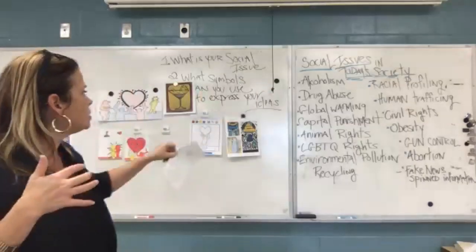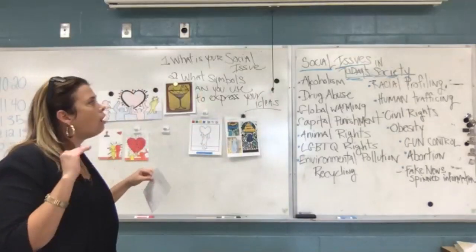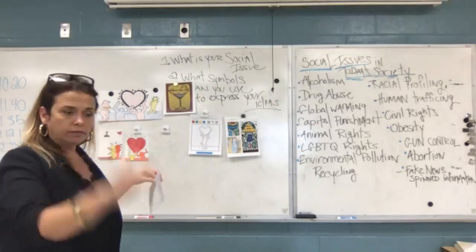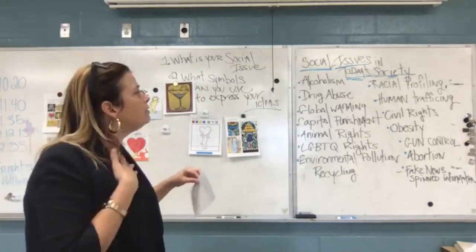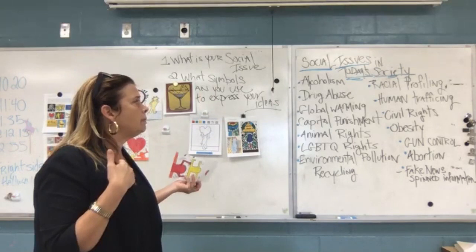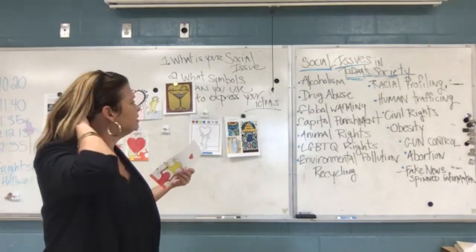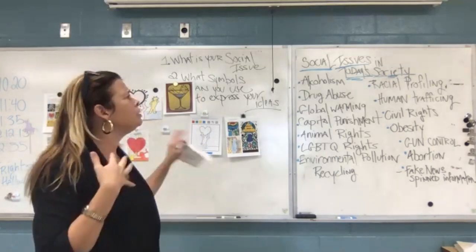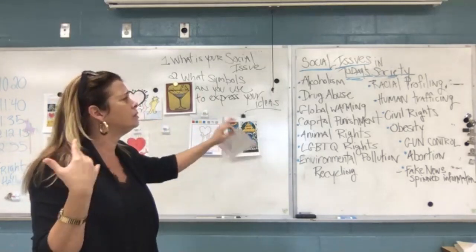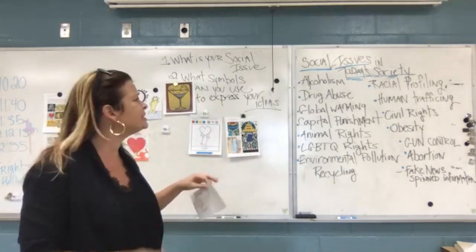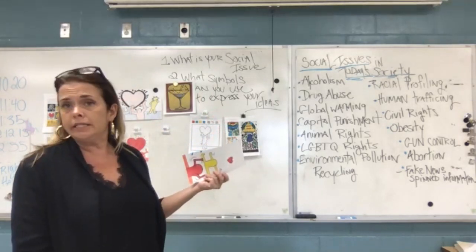I've written a whole bunch of social issues up on the board. They're all in all of these slideshows. I would find something you're passionate about, like I'm very passionate about animal rights. But there's so much up here, and this isn't even all of them. There are other lists. Even today, I was thinking about the bees.